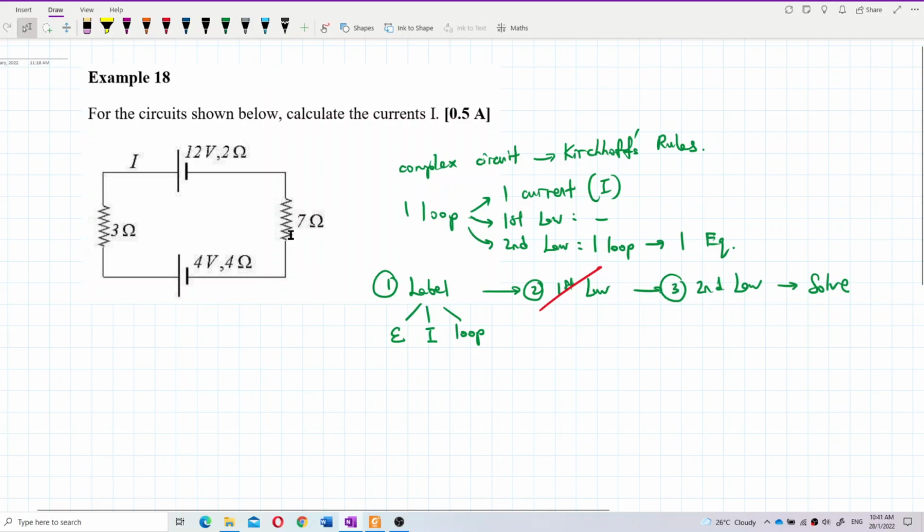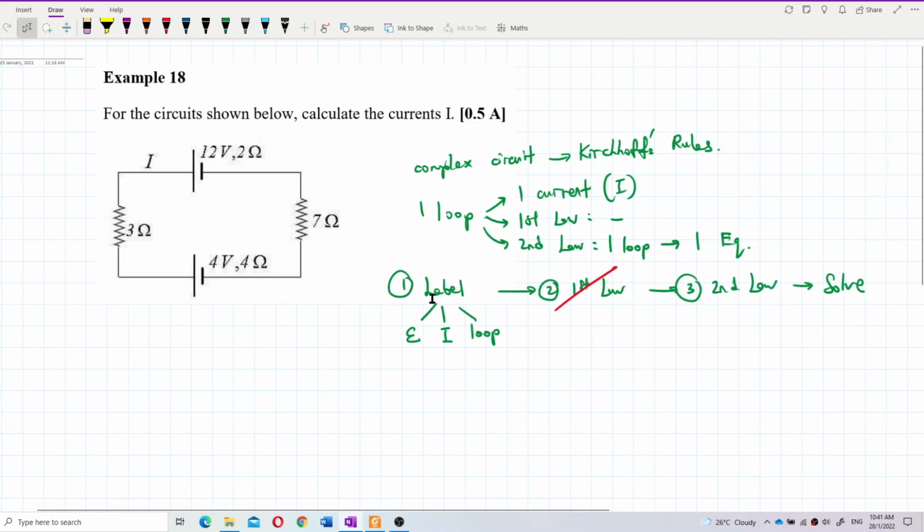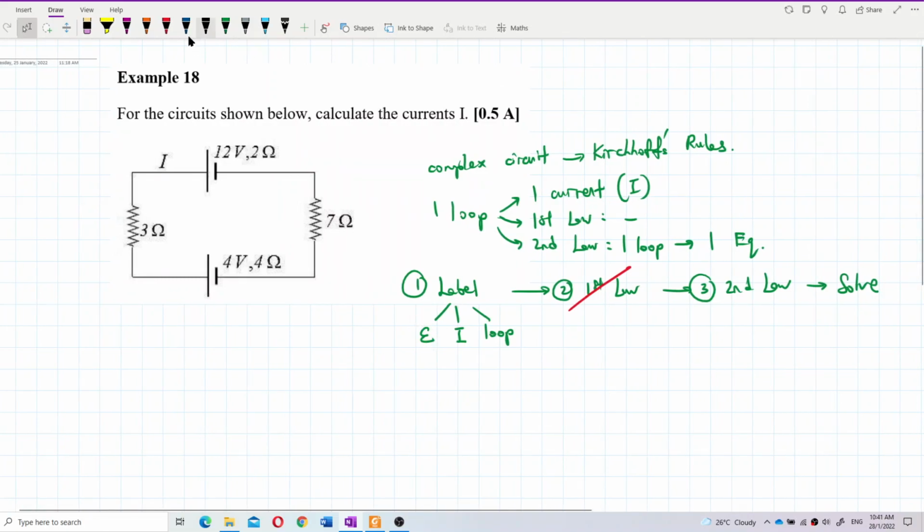So first of all we label. We need to label the EMF direction. EMF direction is always from negative to positive. Maybe we can label this one as E1 and this one as E2. Then this is the internal resistance for the battery.